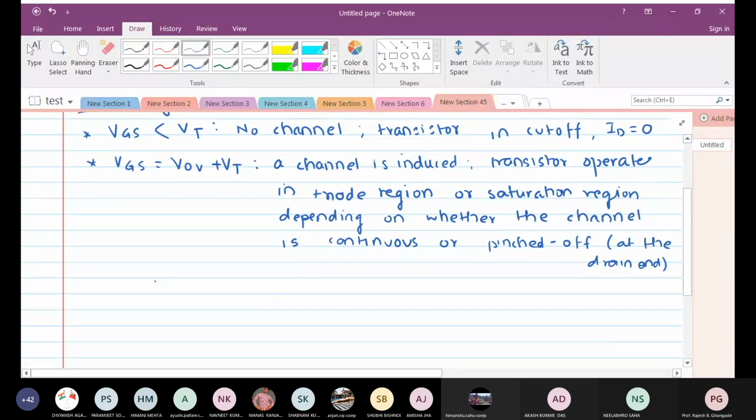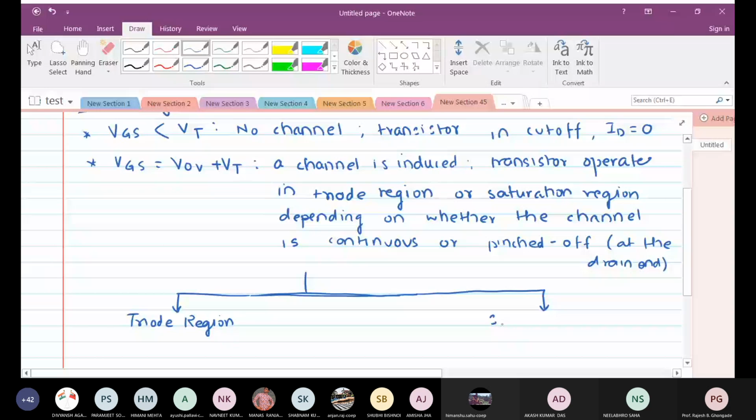So I can write here the operation as in triode region and the saturation region.